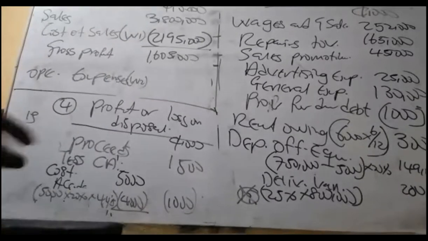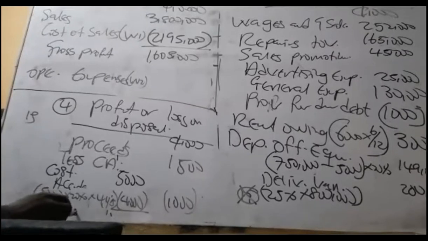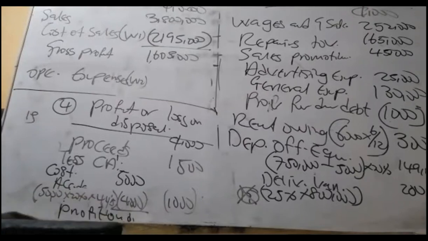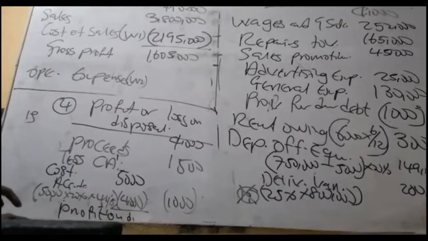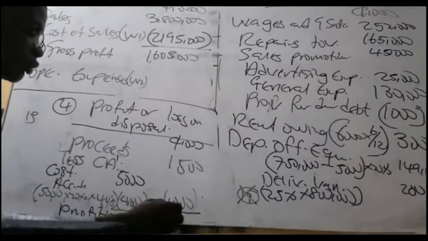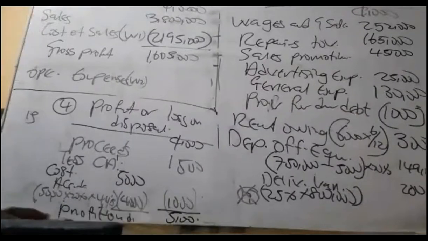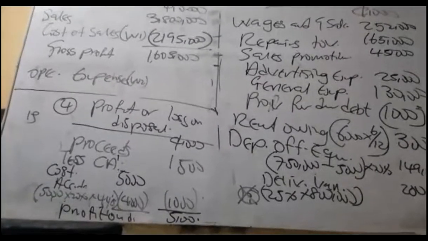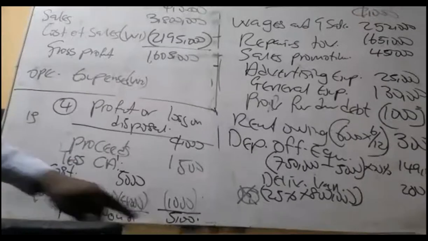It's a profit, not a loss. So profit on disposal, which is 500. This 500 goes to other income. It ends there.